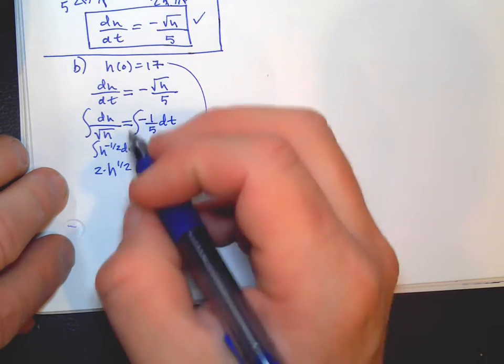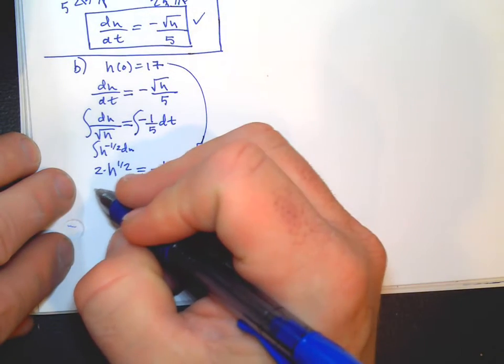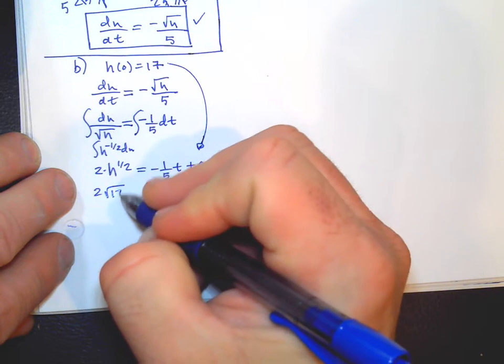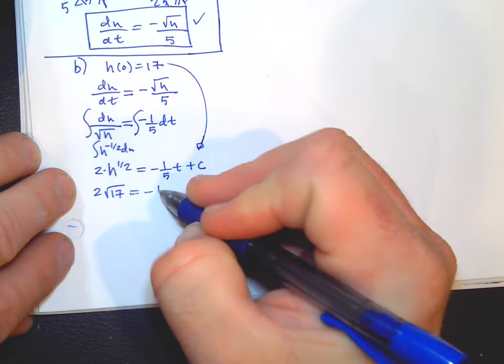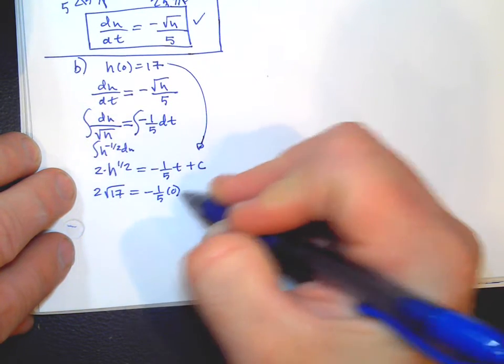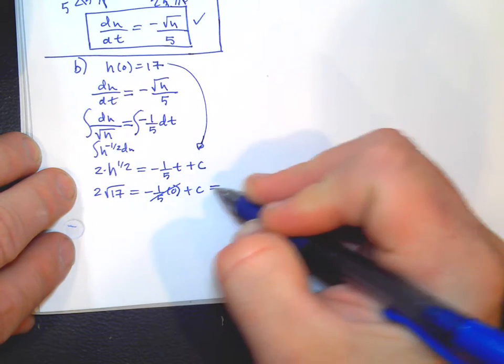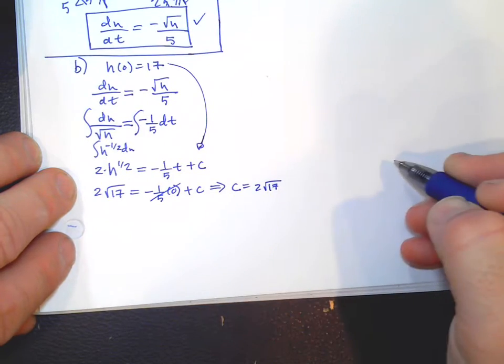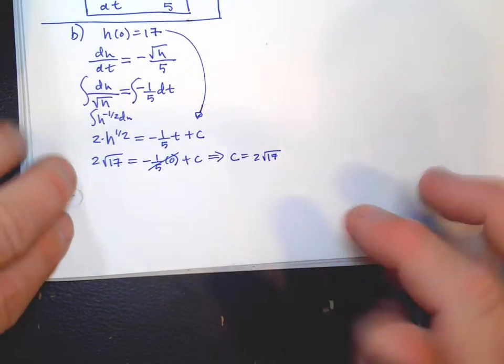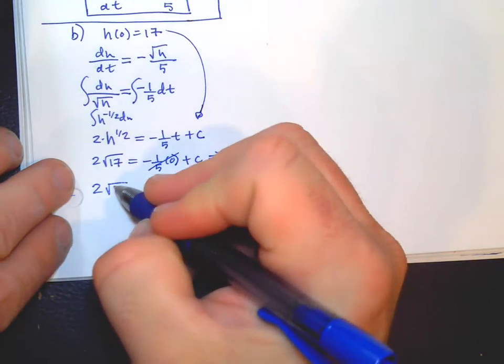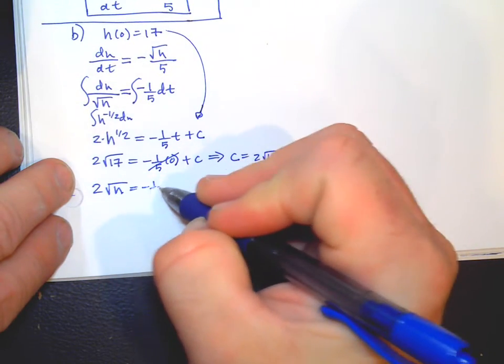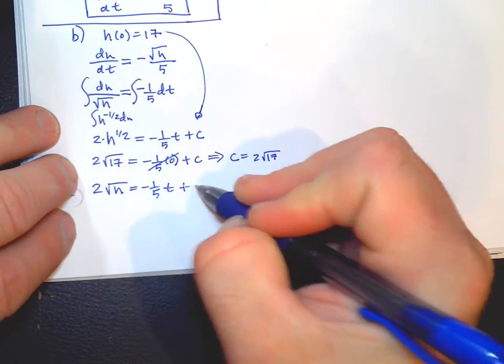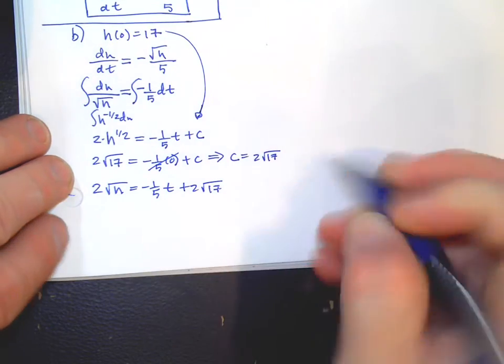So if I plug 17 in for h and 0 in for t, I get my c value, 2 square root 17. Plug back in, rewrite it: 2 square root of h equals -1/5 t plus 2 square root 17.